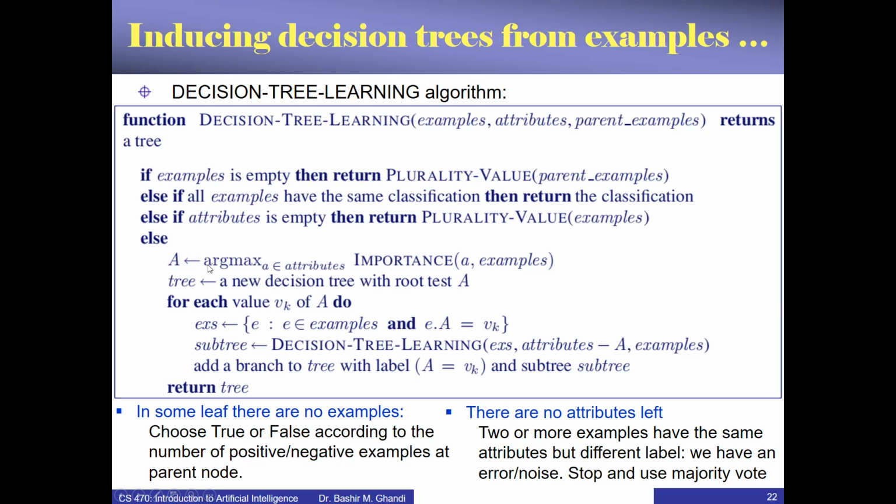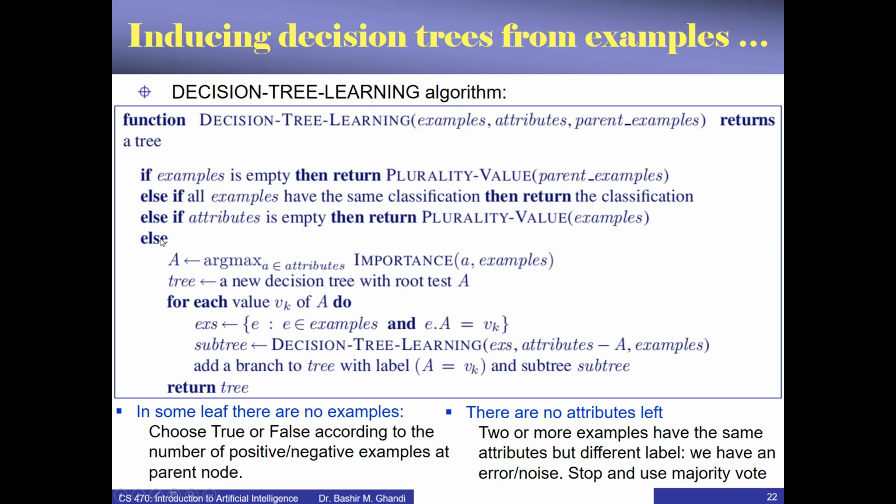The second typical case is where the examples are not all in the same class. For example, some are true and some are false. So what do you do in that case? This is handled in this else part.